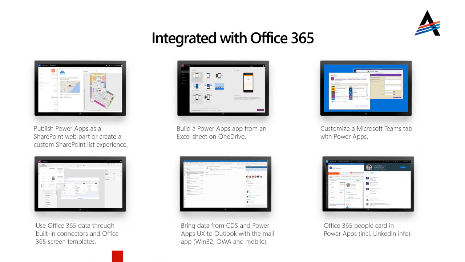Then also you can use 365 to collect data, and you can put a solution even in 365 if you want to, and then you can bring data from CDS and Power Apps to Outlook. That means the application will reside in your Outlook, and also you can add a people card into a Power App and show it in your Outlook or your Office 365 environment, or even your customer engagement environment. That way.